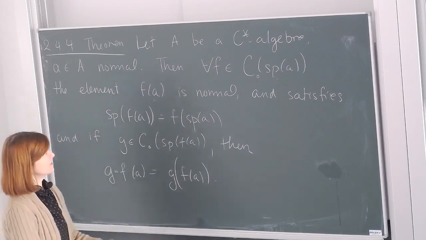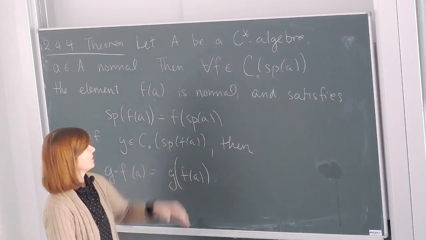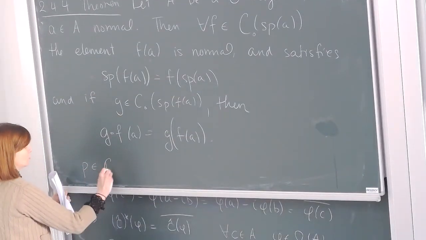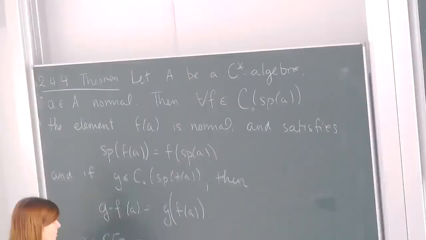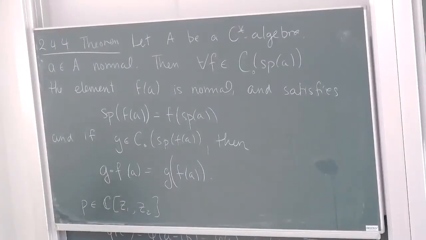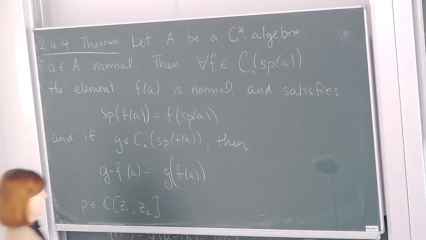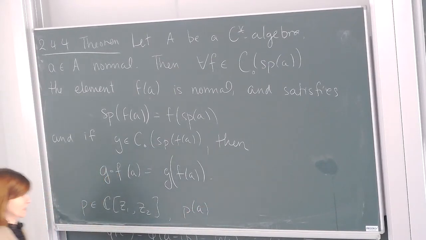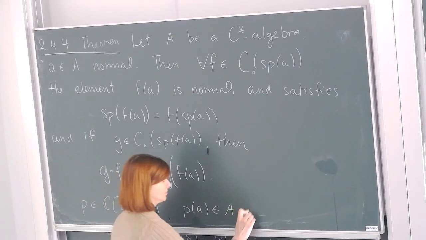Now, if A is normal, it commutes with its adjoint, so we can actually consider polynomials in two commuting indeterminates now, and that makes P of A make sense whenever A is normal, and it's clearly an element in A.